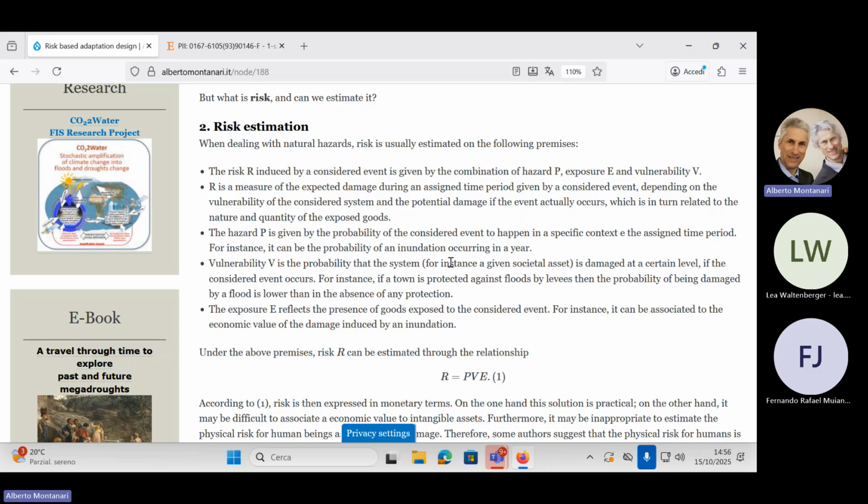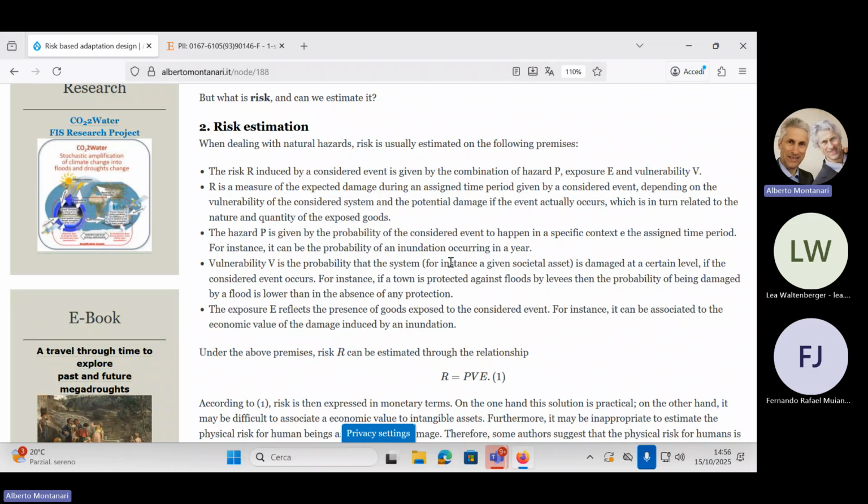Like if an earthquake of magnitude 5 occurs, half of the building is destroyed. Vulnerability is 0.5. Okay? Because this is the same meaning as the probability that you get the full damage, the full building destroyed.